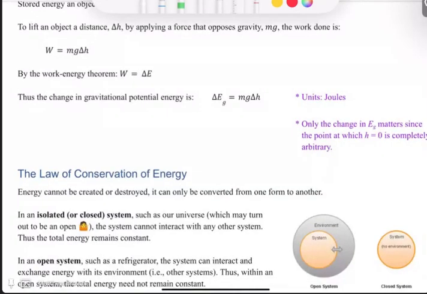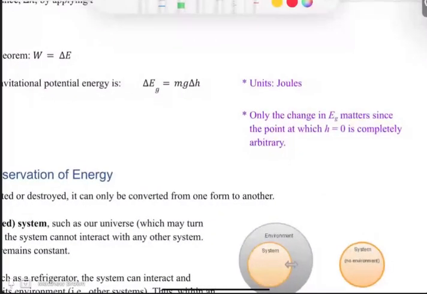Again, the units are joules. And a note here, what I think is kind of important, is it's only the change in gravitational potential energy that matters. Usually when you're solving problems, you're dealing with changes in gravitational potential energy. As with any coordinate system we've used so far, it's up to you where you want to define h equals 0.